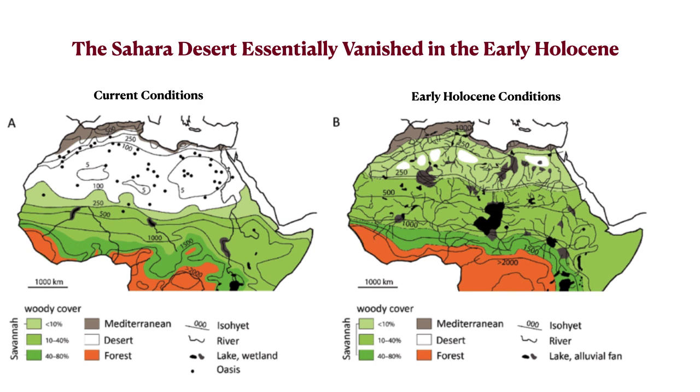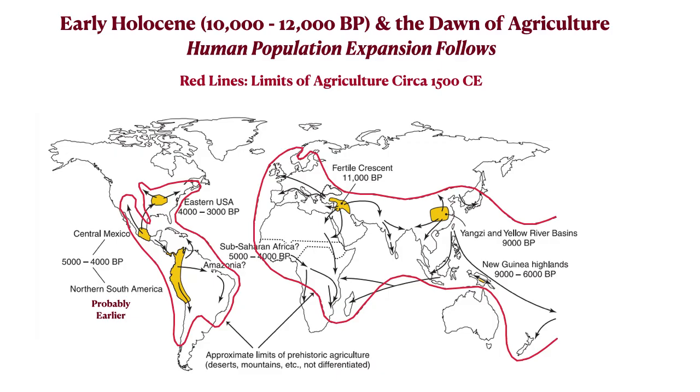This was a period of tremendous change, obviously, and big change for humankind and for human population. This is also the period of the first agriculture. This map shows in orange 6 areas of independent origin of agriculture.